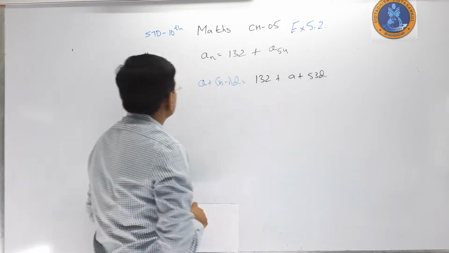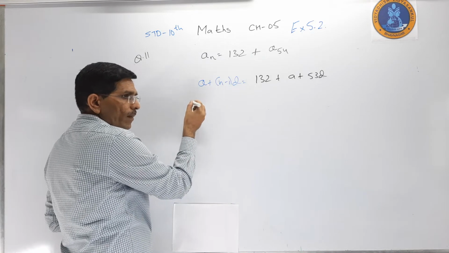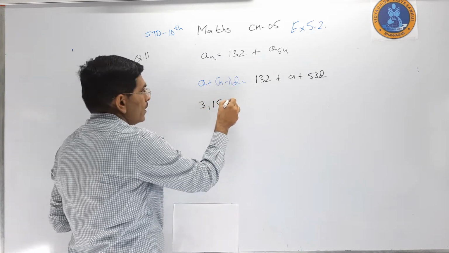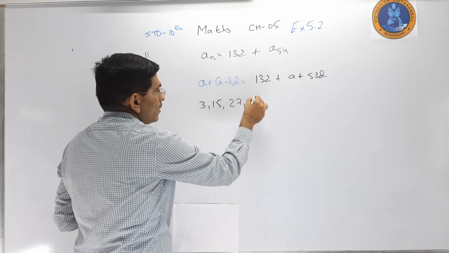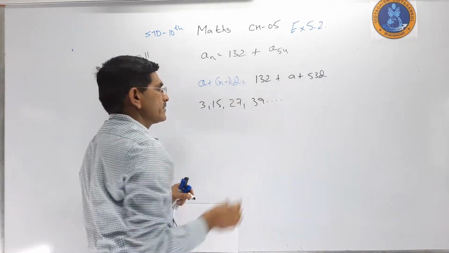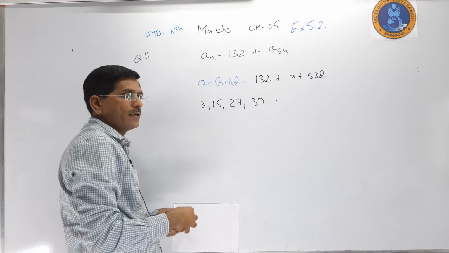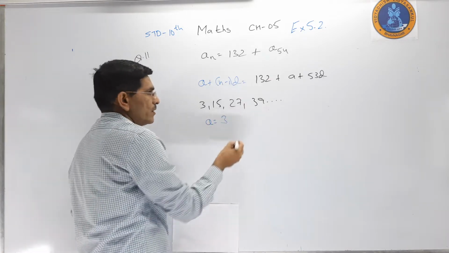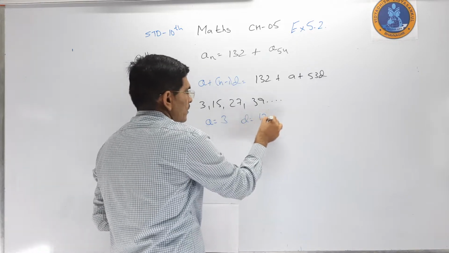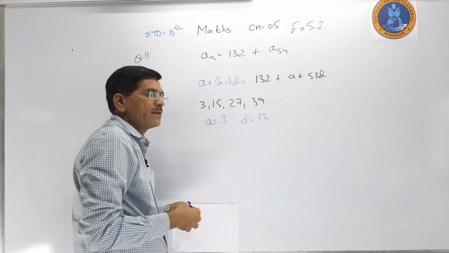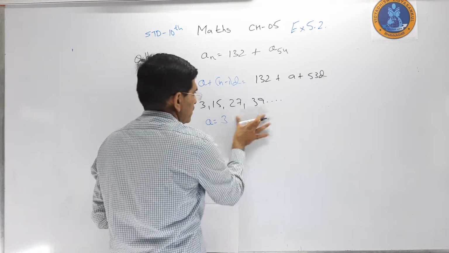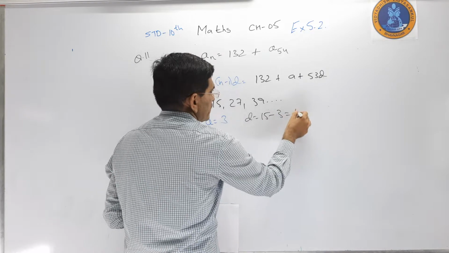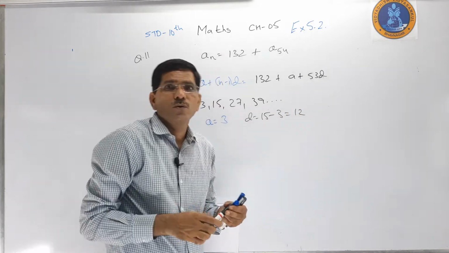The series is given: 3, 15, 27, 39, and so on. So what is A? A is equal to 3. What is D? D is equal to 15 minus 3, that is 12. So D is equal to 12.